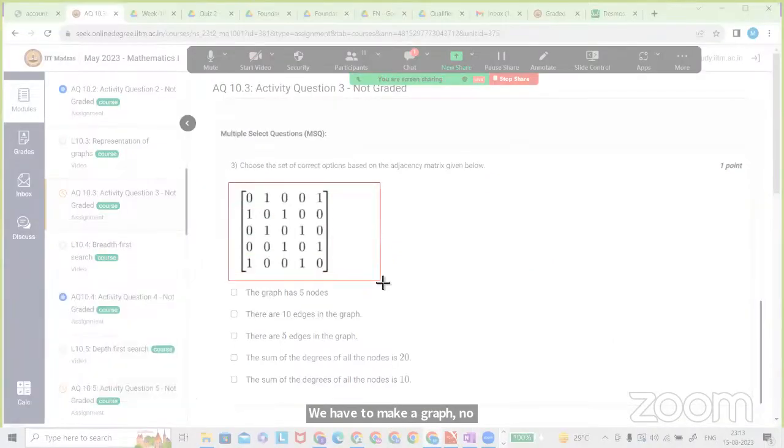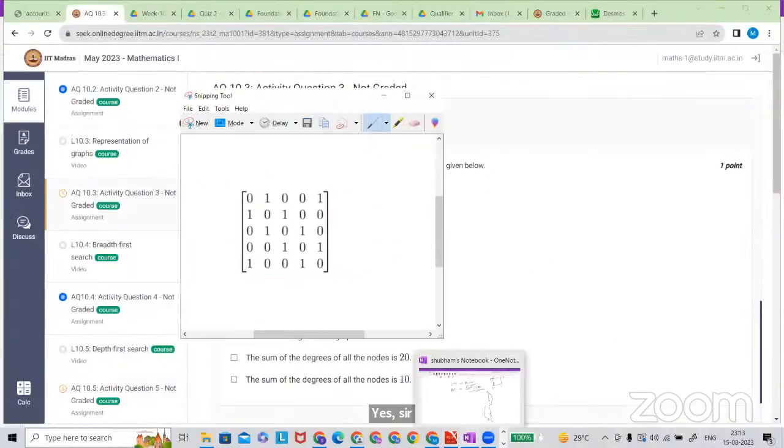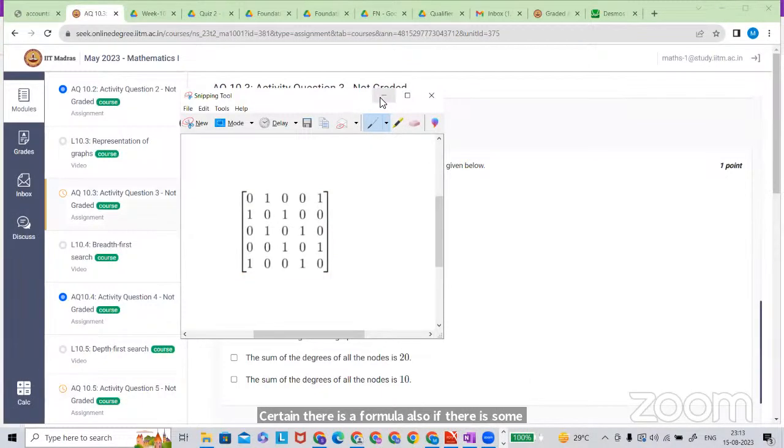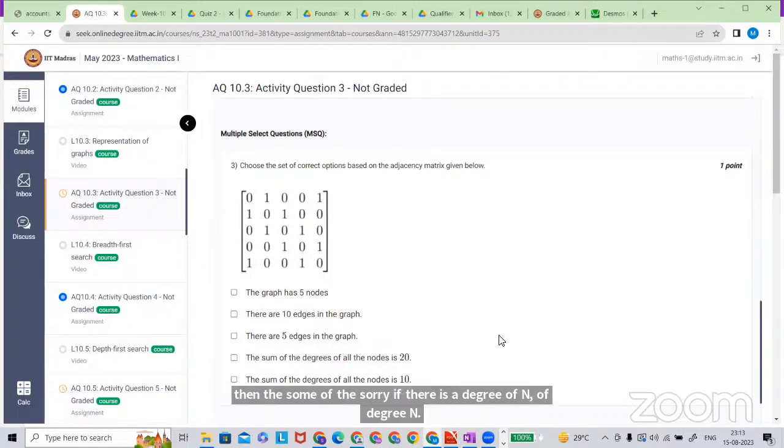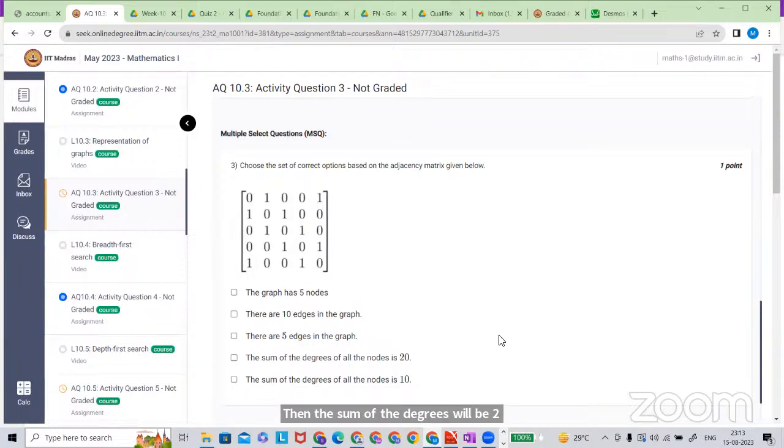And there is also a formula: if the number of edges is m, then the sum of degrees is 2m. Yes. So we have to find the number of edges. If you find the number of edges in the graph, then the sum of degrees is going to be 2m.